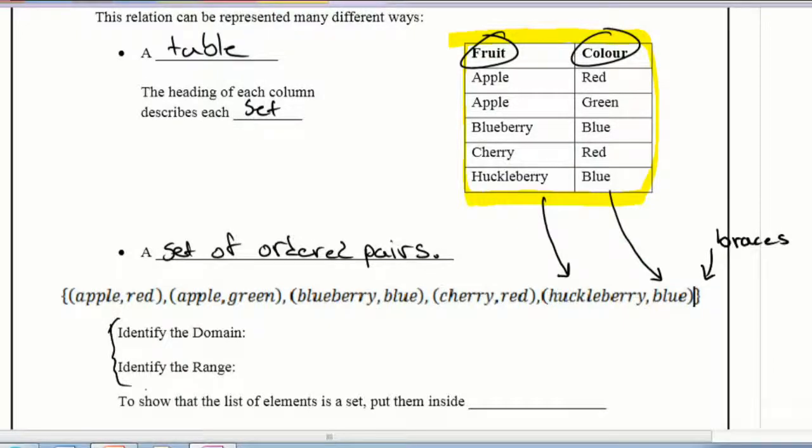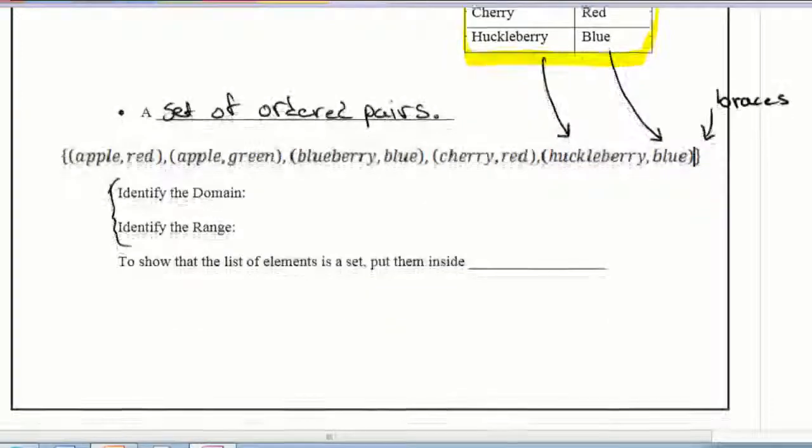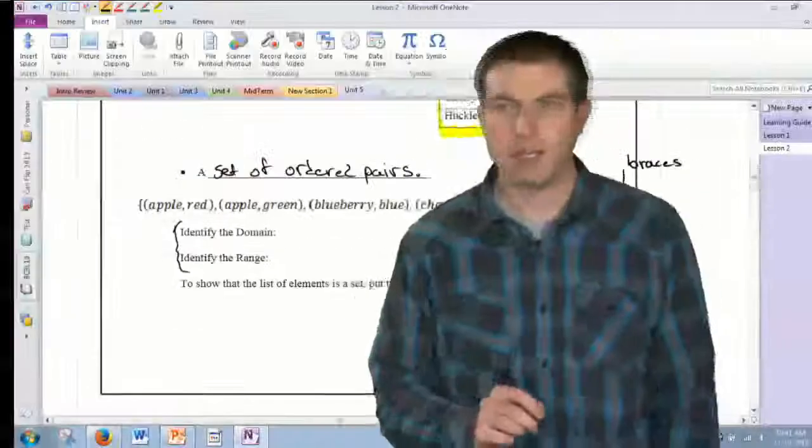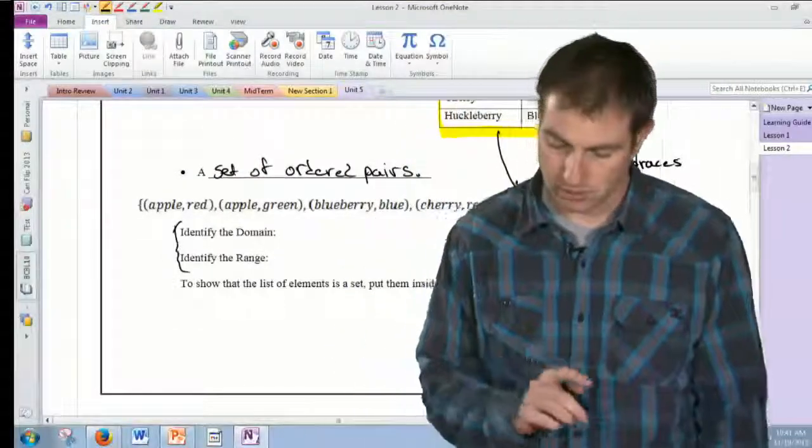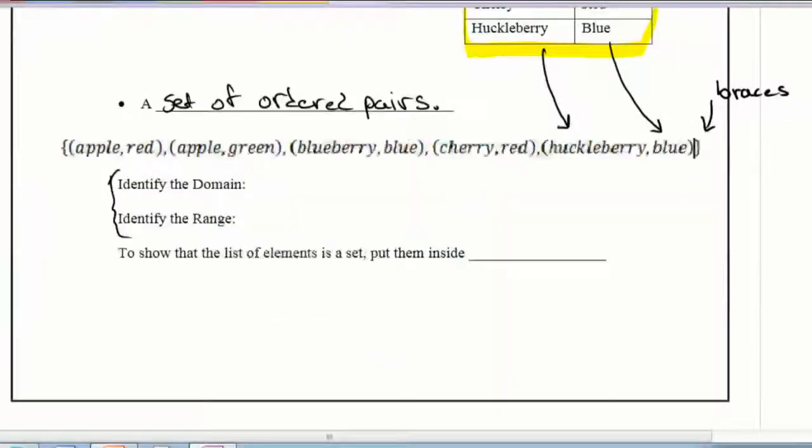We haven't identified what those are. I hesitated as to where I wanted to put it, and then I forgot to erase those. So to show that the list of elements is a set, we put them inside braces. And I will admit that I'm not very skilled at drawing these nice braces. There we go. So that's our braces. We put the elements inside.